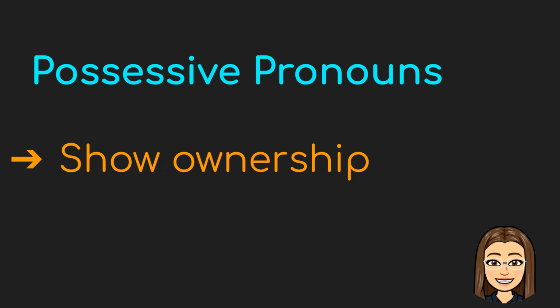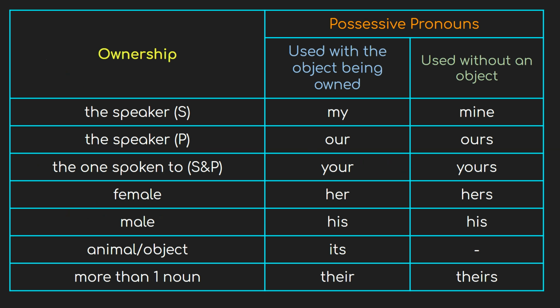Possessive pronouns show ownership. I have here a table showing the ownership and the possessive pronouns. Let's talk about the possessive pronouns. Over here we have two columns. First is used with the object being owned.